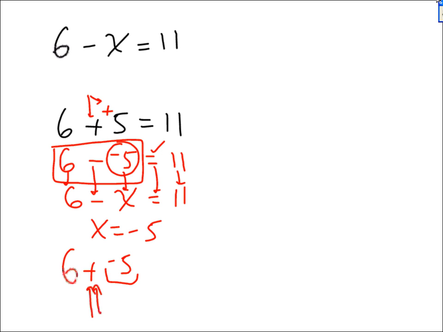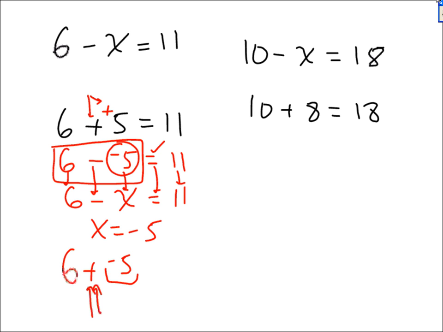Okay, sometimes you shouldn't think the way they are. Somebody asks you 10 minus what gives you 18. You should say, come on, I know that 10 plus 8 is 18. What is this 10 minus? Well, change both of those. The sign that you don't see here is positive 8.